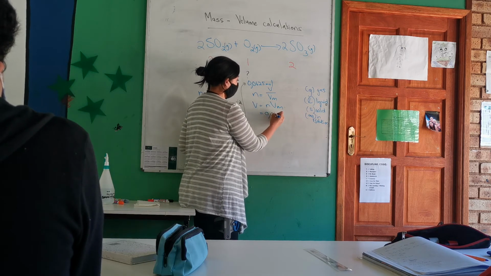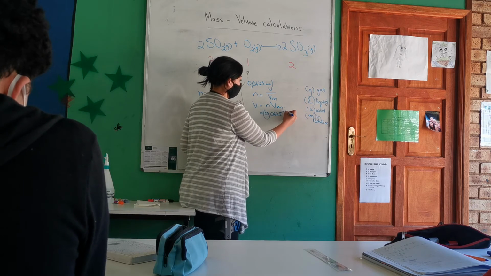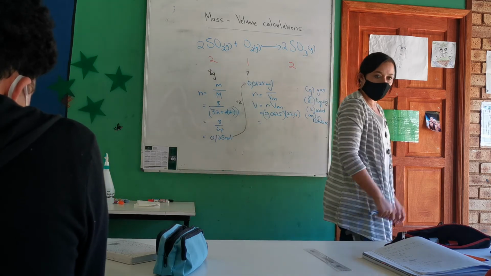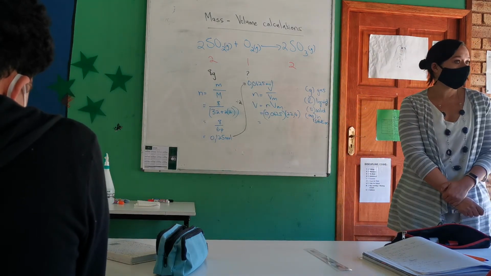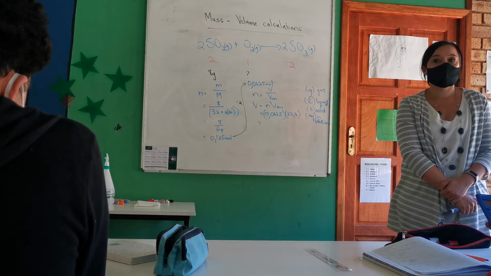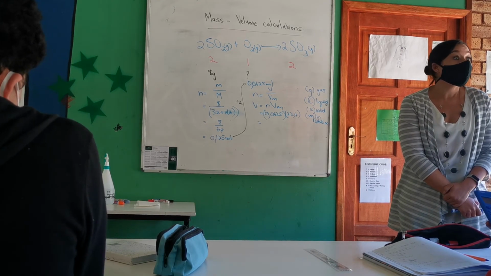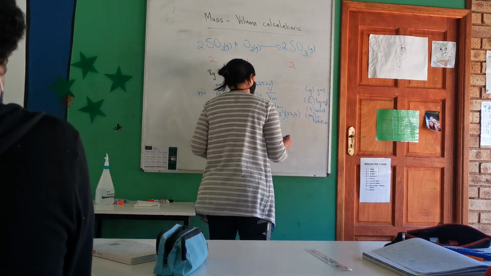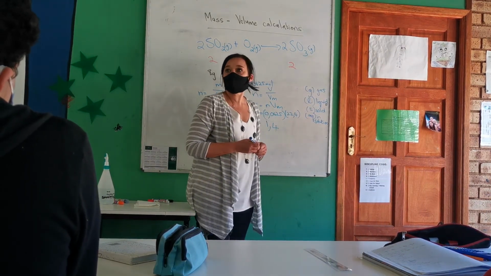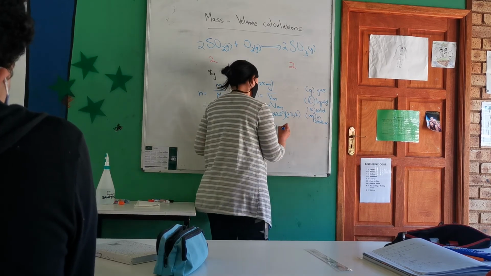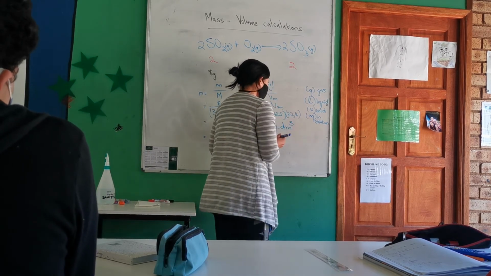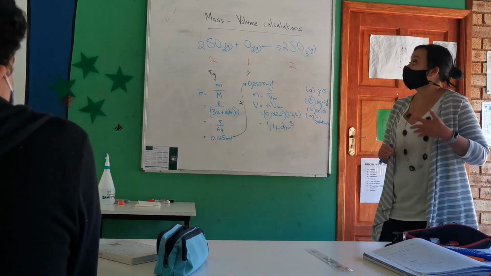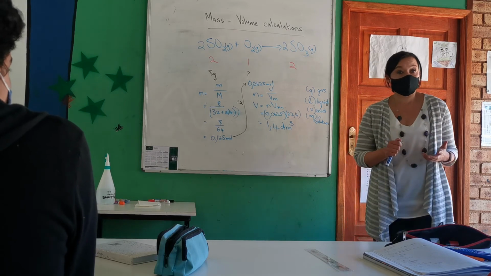So that's 0,0625 multiplied by 22,4, and that gives me an answer of 1,4. And what is volume measured in this instance? Decimeters cubed. 1,4 decimeters cubed of oxygen will react with 8 grams of sulfur dioxide.